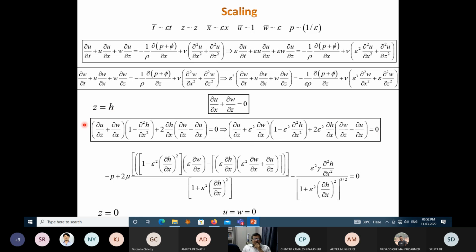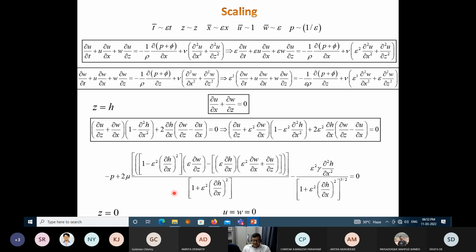Okay, so first prove these things. You submit that n dot sigma dot t and n dot sigma dot n is going to give you this and this. These are the two expressions that you should prove. Submit it: what is the expression for the normal stress balance?